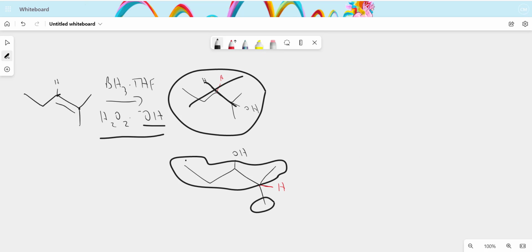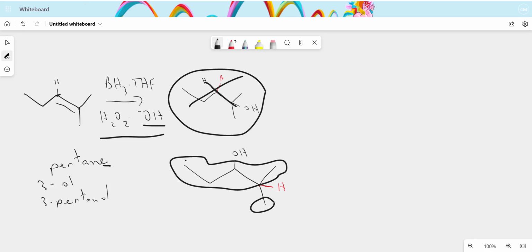To name this, I recognize that it's a pentane with 5 carbons. In the 3 position is a hydroxy, but it's an alcohol, so I'm going to put -ol because it's highest priority, and that means I have to change the E to an OL. I can either call it 3-pentanol, and then the methyl group goes in front.